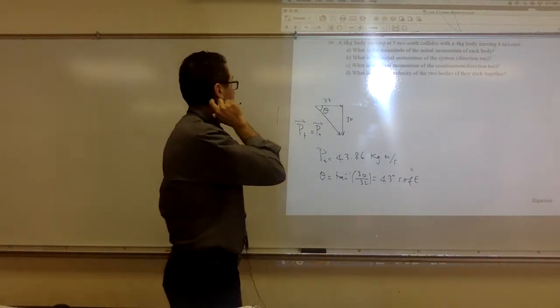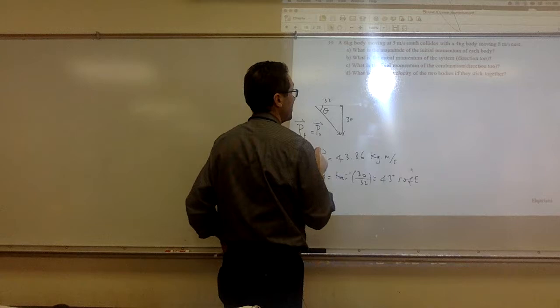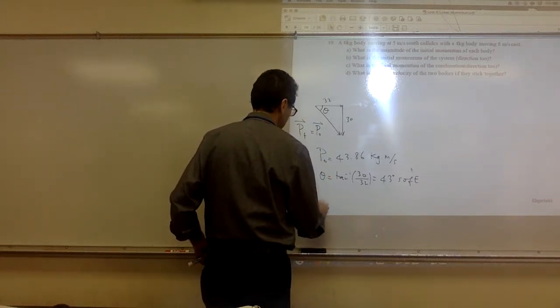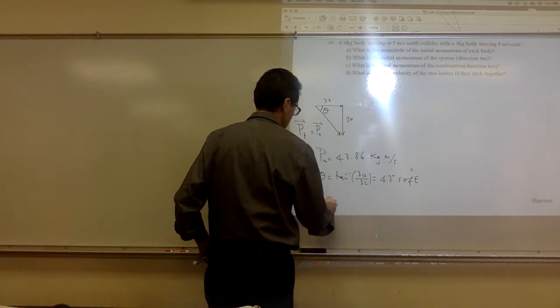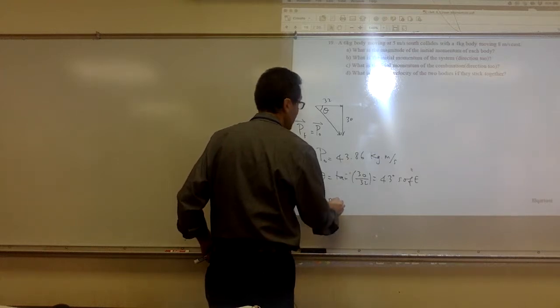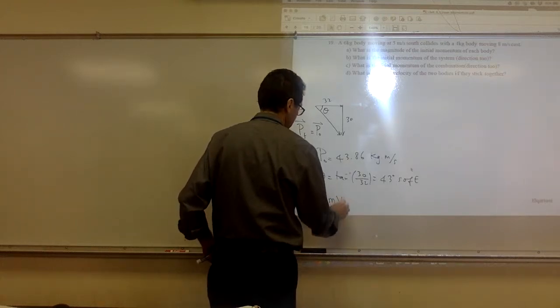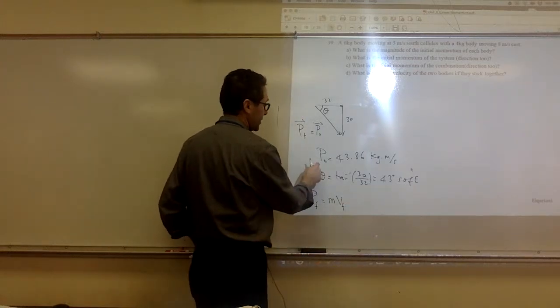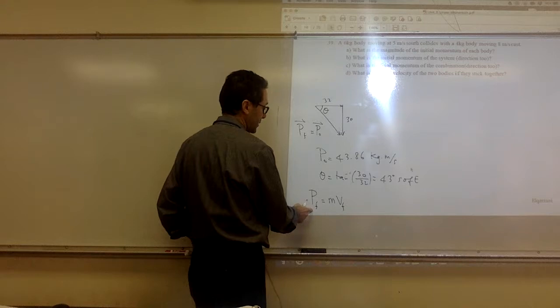Okay. And what's the final velocity of the two bodies if they stick together? So now we're just going to say, well, the final momentum is the total mass times the velocity of the combination. Now the final momentum is the same as the initial momentum. So that's 43.86.